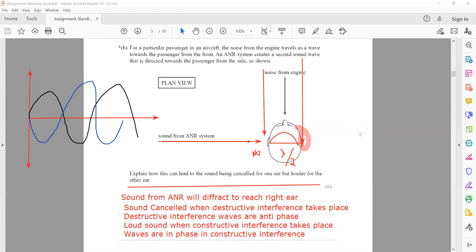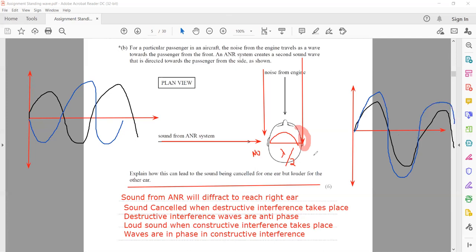There will be a shifting of interference, like it will be a constructive interference on the other side, as now one of the waves has this same phase, but the other one, blue, which is coming from the ANR system, will join with sound from the engine, so now they will undergo constructive interference. So at this side it will be a loud sound due to constructive interference.